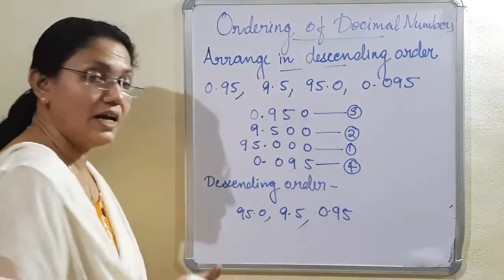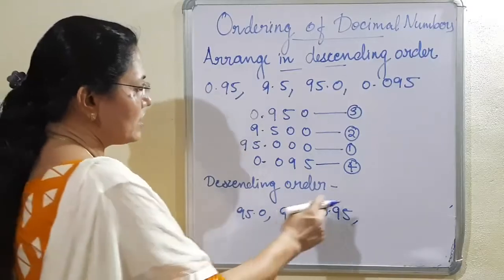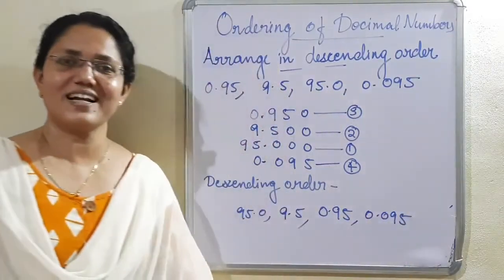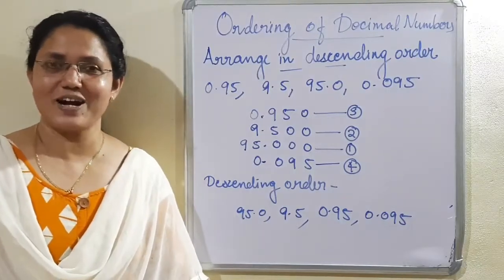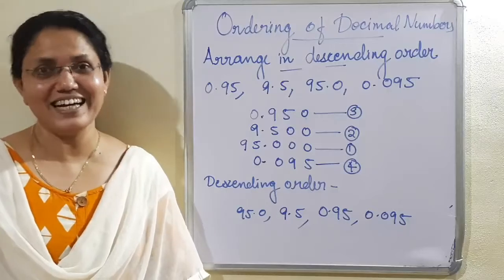If you write it like a decimal, there is no problem. Next, the last one is 0.095.